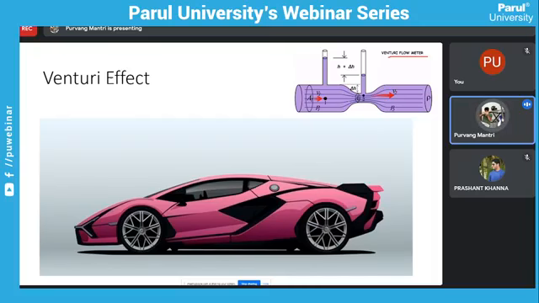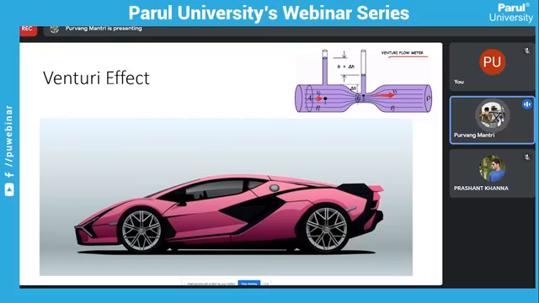If we study the venturi flow meter, we can see that the velocity of the fluid passing inside the venturi meter will increase when it enters the throat, and it will come back to its original velocity gradually when it exits the throat.